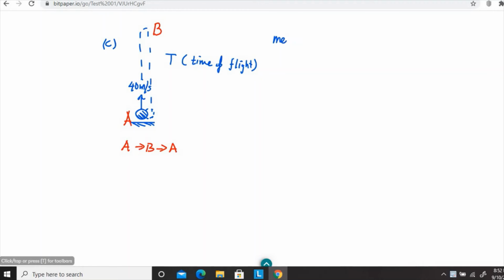So let me call the first one method 1, and we can use y minus y naught equals v naught t minus 1/2 g t squared. So this kinematic equation gives us the time of flight. Now y is the final position, y naught is the initial position.